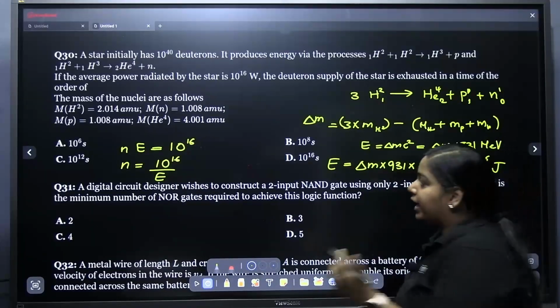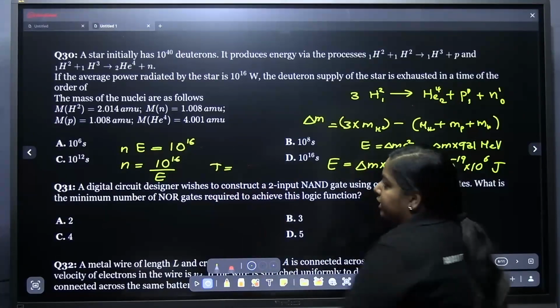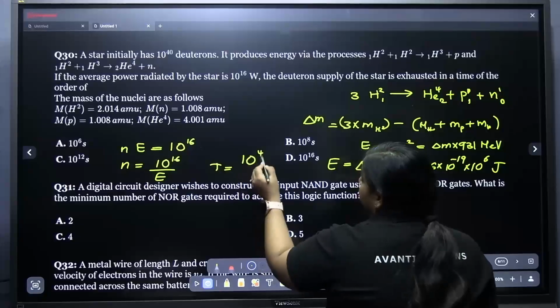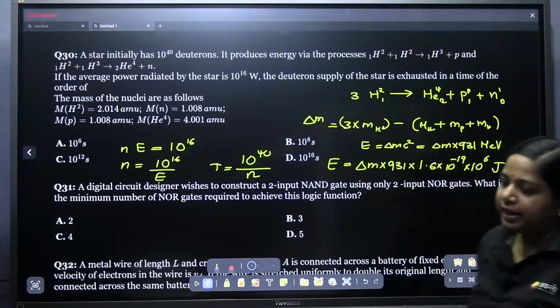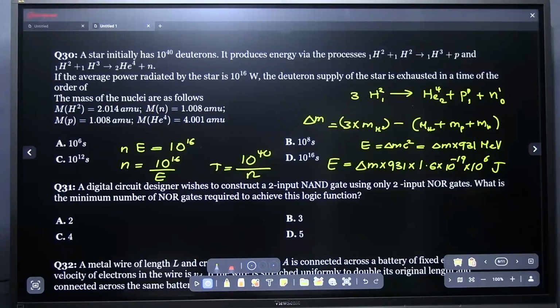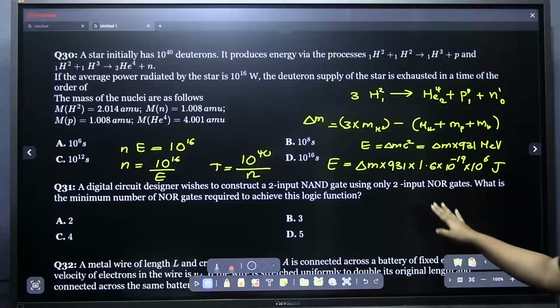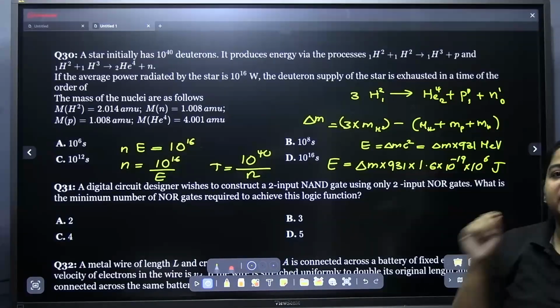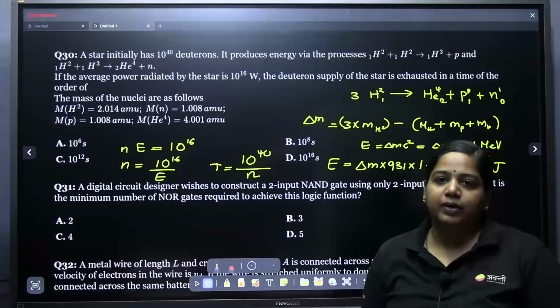Now you have to find the time, right? Total time for exhausting. Then you will have to use 10 to the power 40, total number of deuterons divided by N. You will get the time taken for exhaustion. Here you will only need the power of 10. So do a rough calculation only. Don't do an exact value calculation, because in the options only the power of 10 is required.